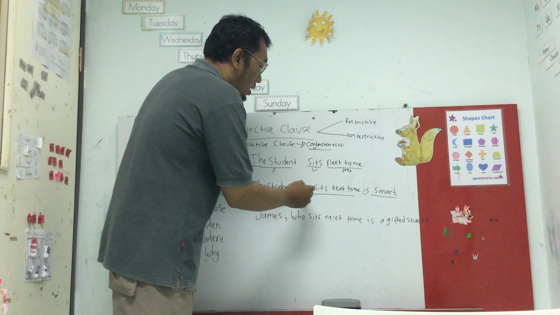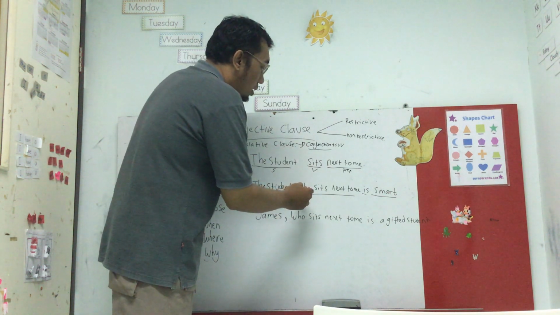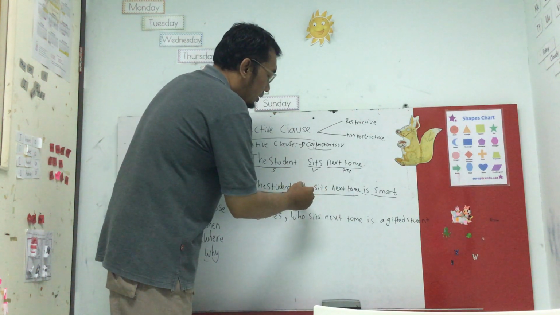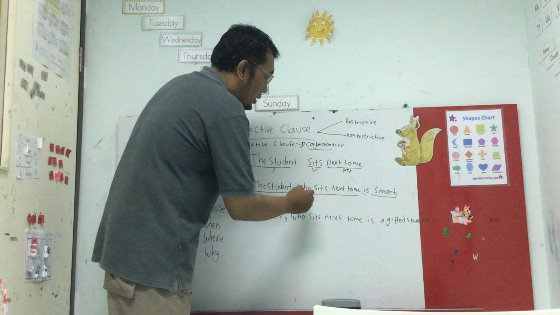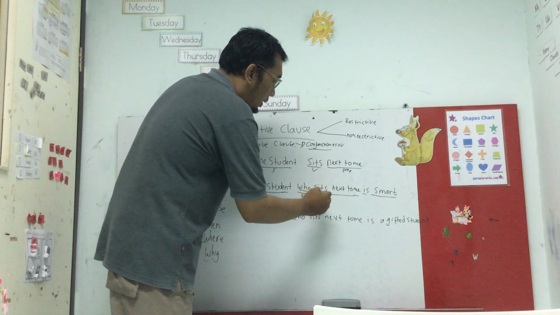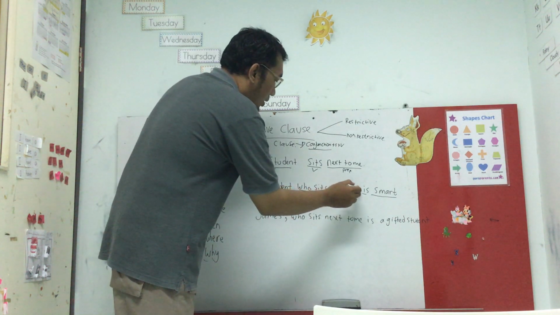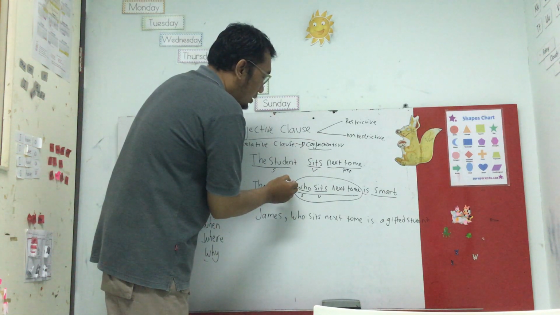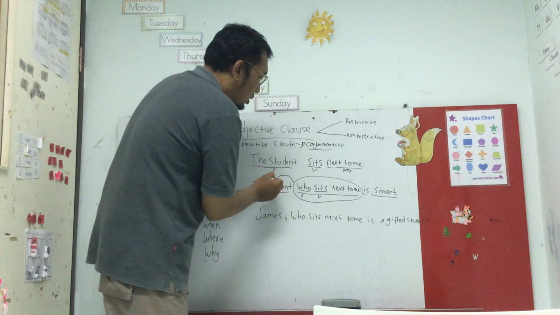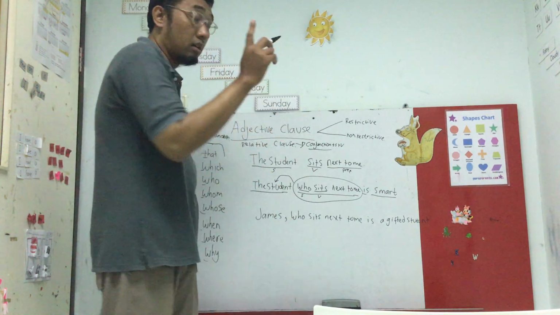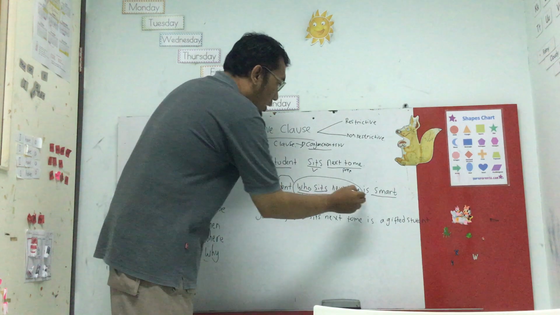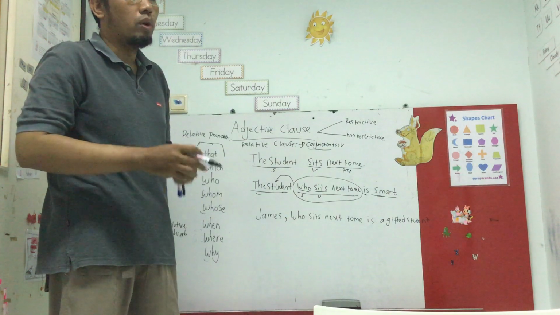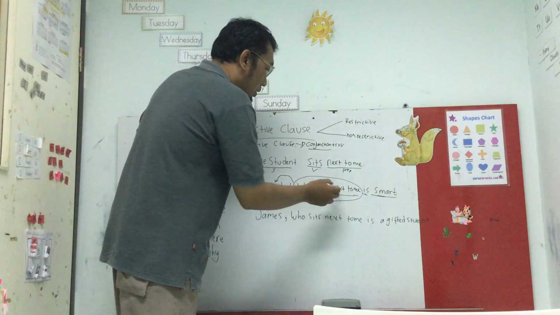As you can see, the adjective clause is formed with who as the subject, and then we have a verb, right? So over here is the adjective clause that describes which student. Because the main sentence is the student is smart, and then to know which one it is, we put who sits next to me.